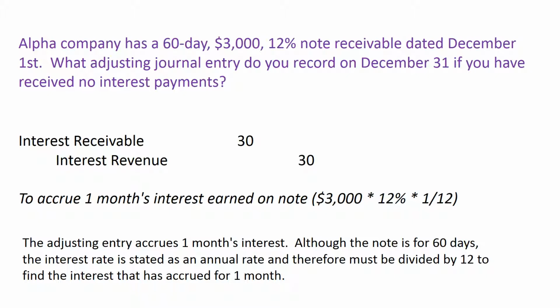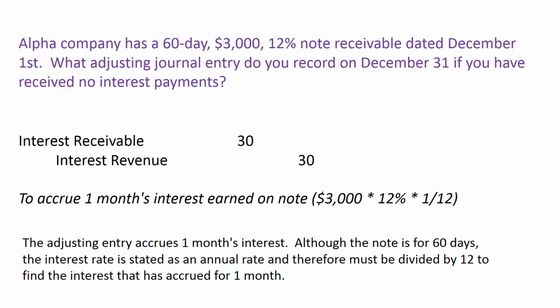Alpha Company has a 60-day, $3,000 12% note receivable dated December 1st. What adjusting journal entry do you record on December 31st if you have received no interest payments? Debit interest receivable, $30.